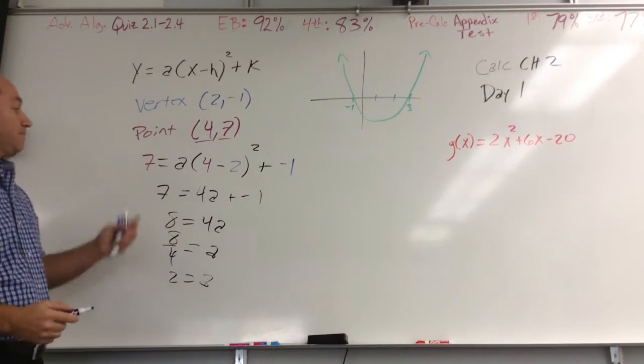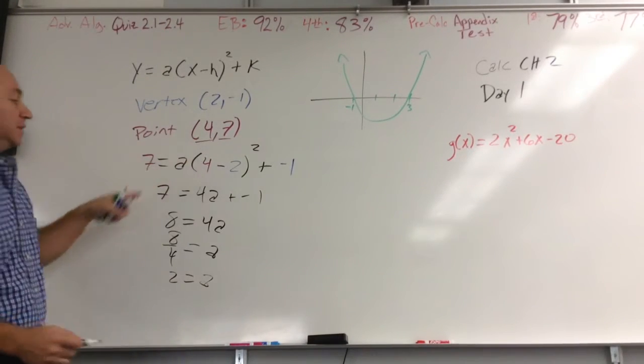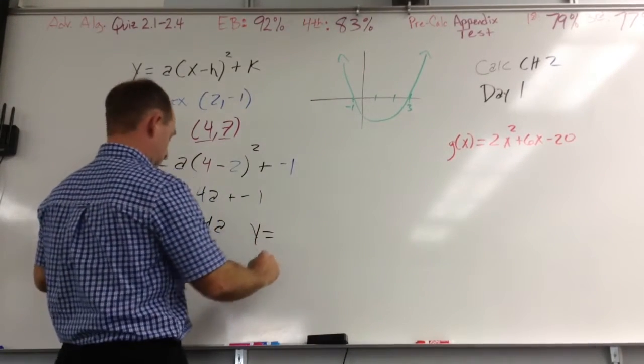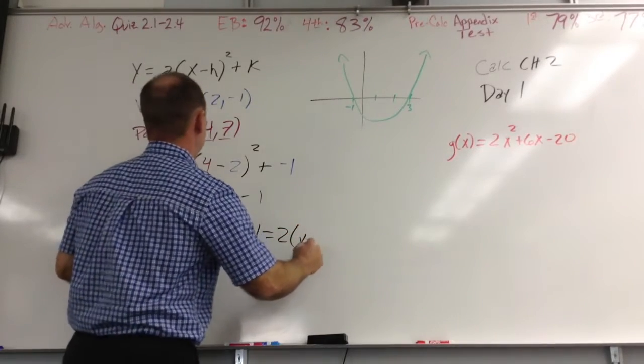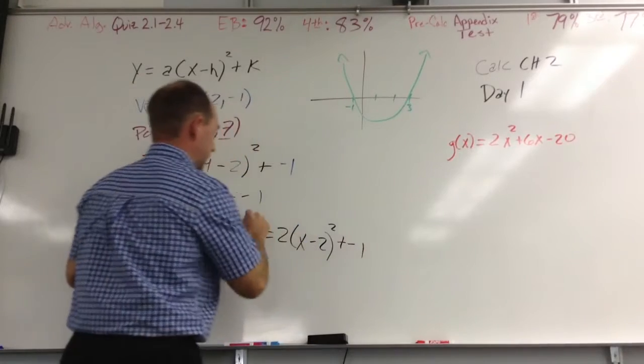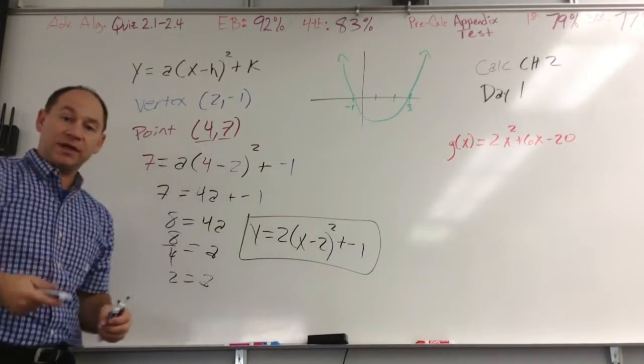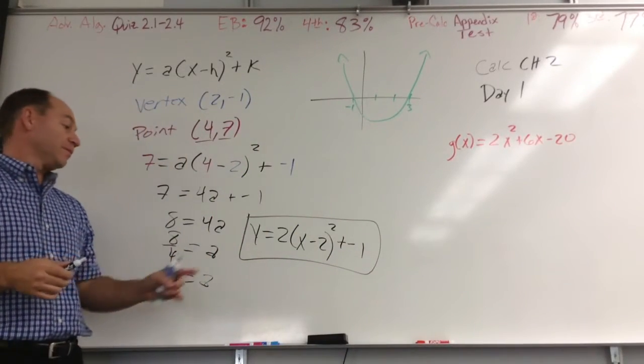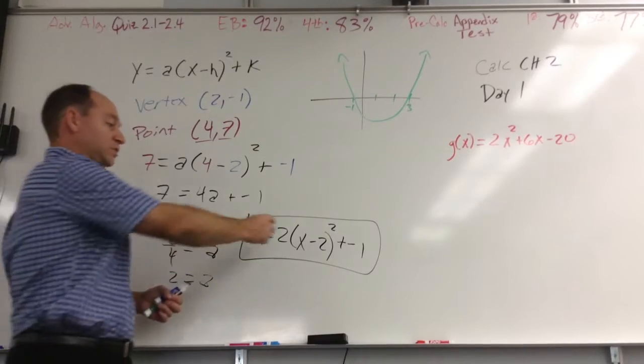What did that tell me? If I go back to this equation before I put this in, that tells me that y equals 2 times the quantity of x minus 2, the quantity squared, plus negative 1, is the equation in that form. Now, that's what I call vertex form. Standard form would just be foiling this out.